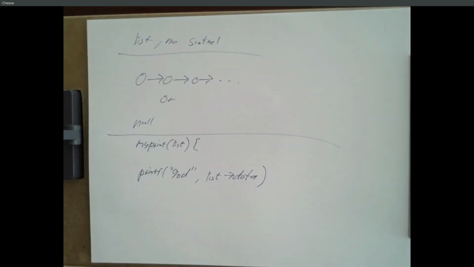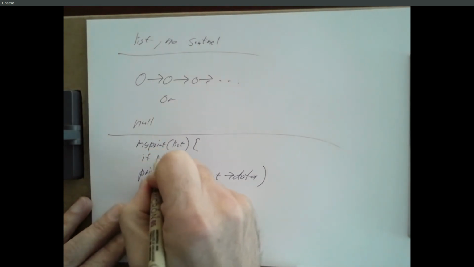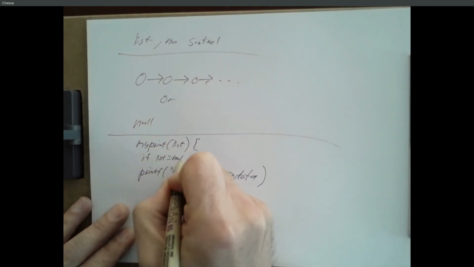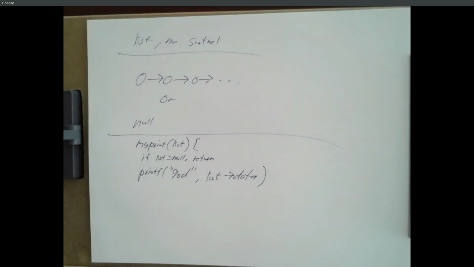So the lazy approach, we'll print out the first node's data, right? Well, we can't do this if there's nothing in the list, so we have to check to say if list is null, we'll just return, because there's nothing to print. But if there's at least one node here, we'll print out its data, and then we'll say, I'm tired, I'm done.